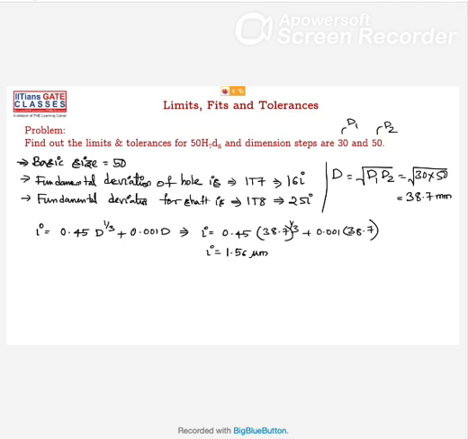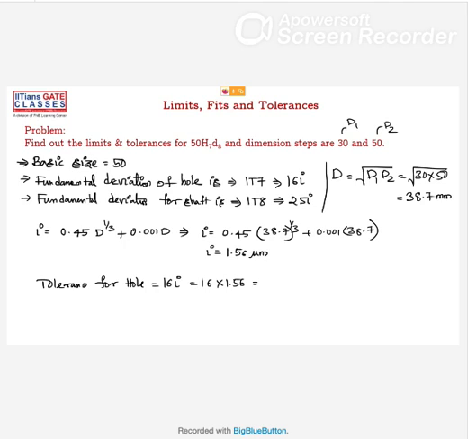So tolerance for hole, you calculate. That is 16i, and that is 16 into 1.56, and that will be how much? Can you tell me how much is this?